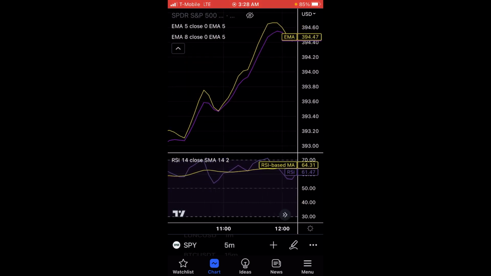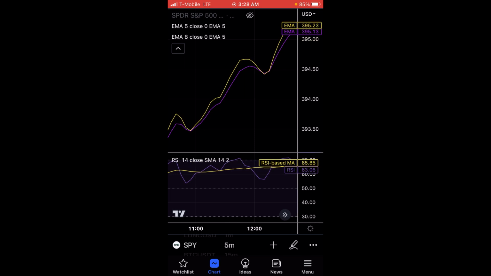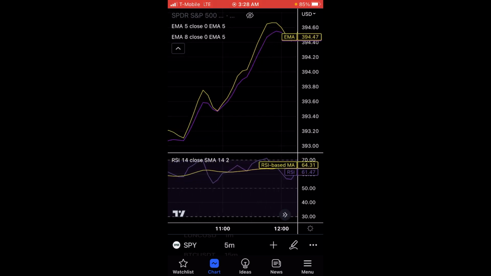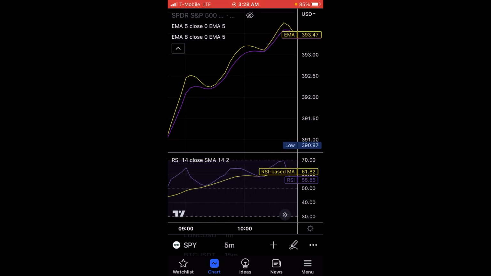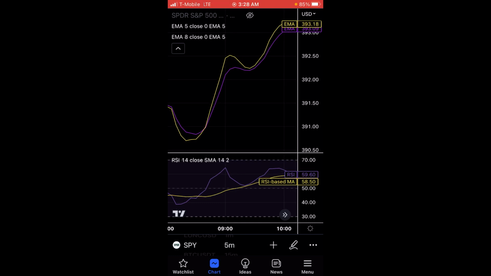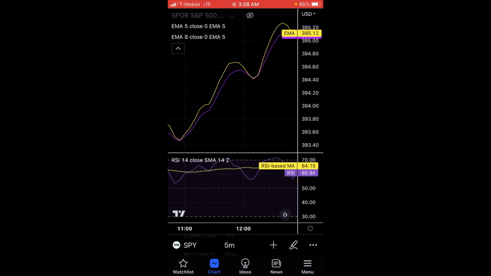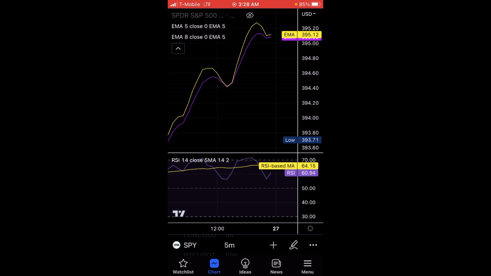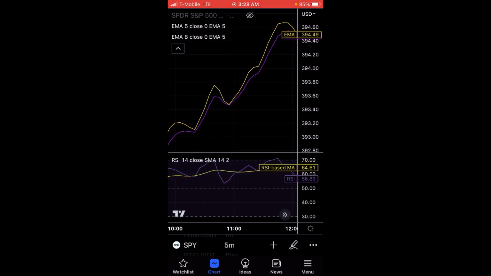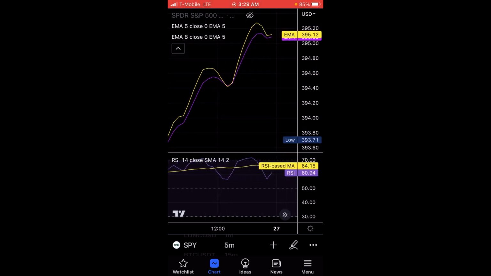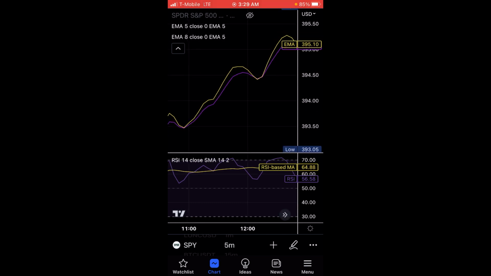I'm on the 5 minute, so we got to look for a moment that it crosses, which is right here. So we see that SPY crossed right here at 390, and it hasn't crossed yet, so you would still be in gains.